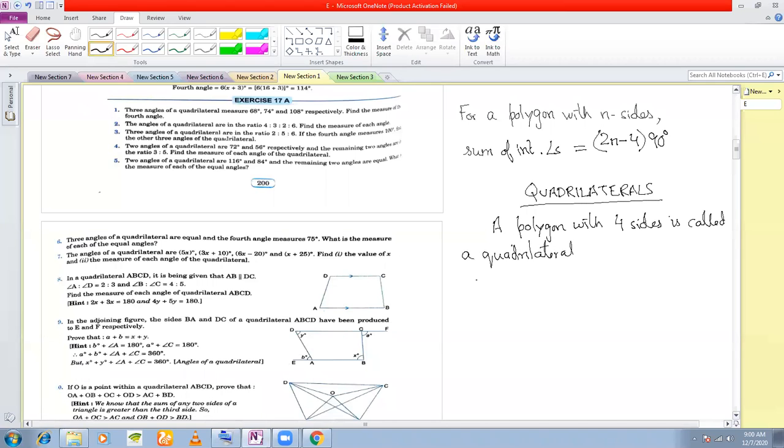How many sides? Four sides. Therefore, n must be equal to 4. So here n is equal to 4.